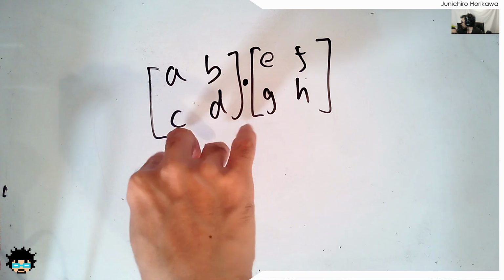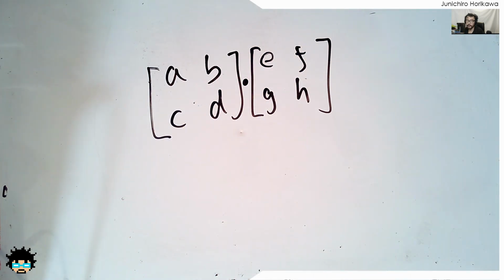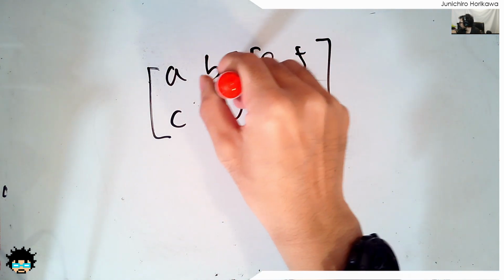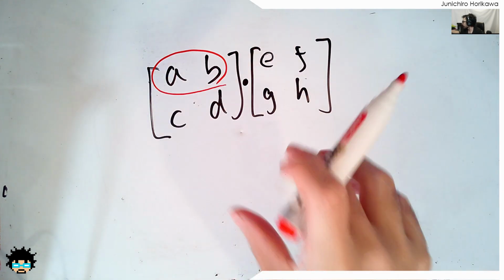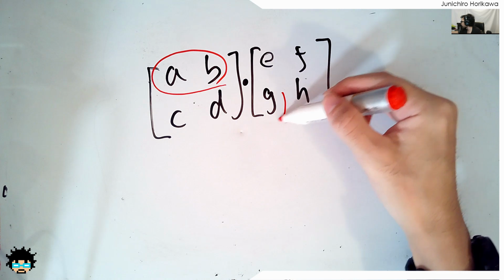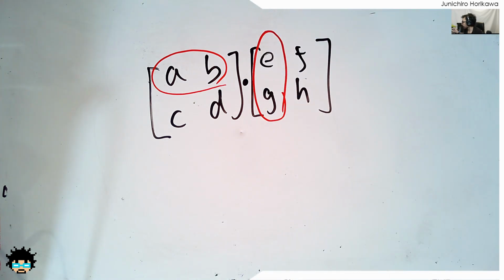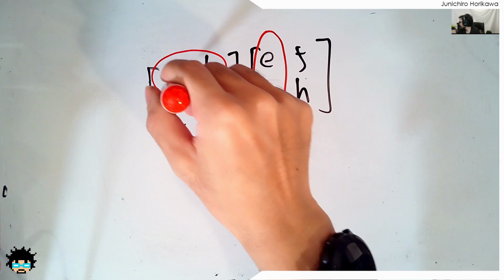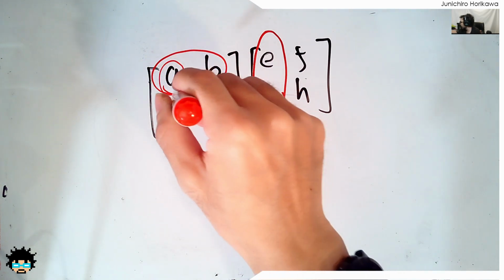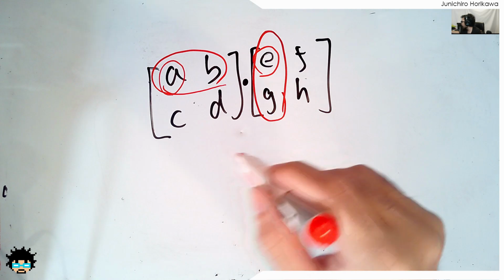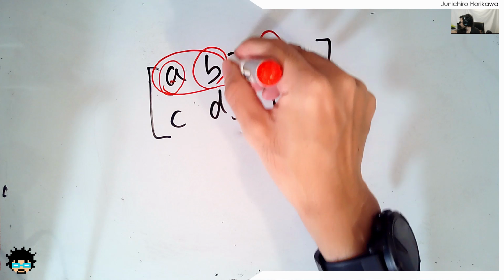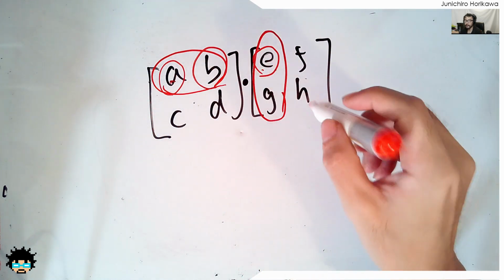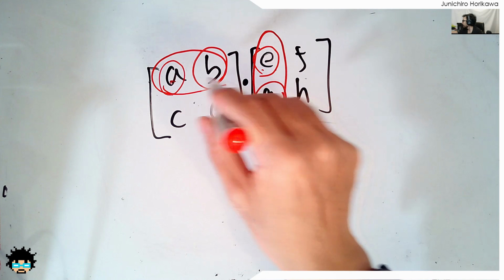Now when you do the multiplication between two matrices, especially these square matrices, first you pick the first row of the first matrix, and for the second matrix you pick the first column. Then you multiply the first item in the row and the first item in the column together, and you do the same for the second element in the row and the second element in the column.